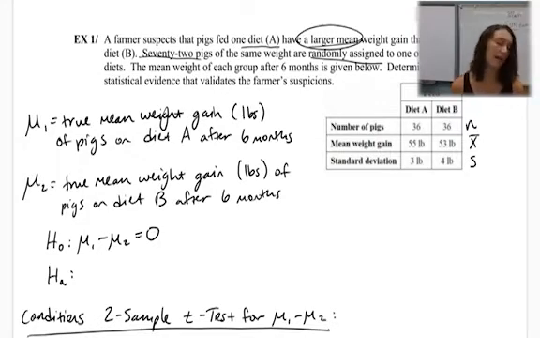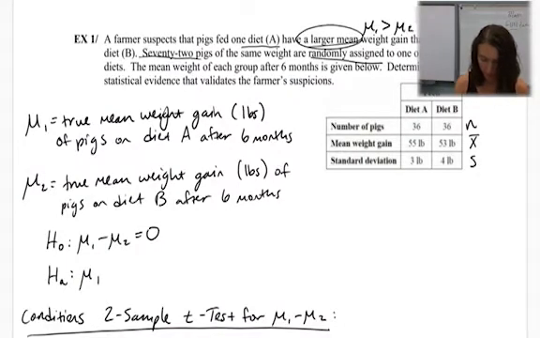So that means that the diets, well, one isn't going to be better than the other necessarily, or at least not what he's saying. So he says he suspects that diet A is going to have a larger mean. So he's suspecting that mu1 is going to be greater than mu2, or mu1 minus mu2 is going to be greater than 0.